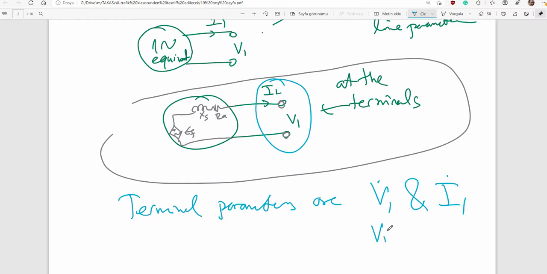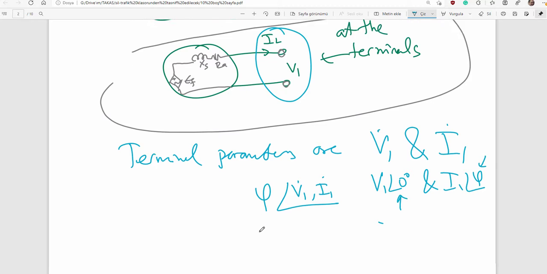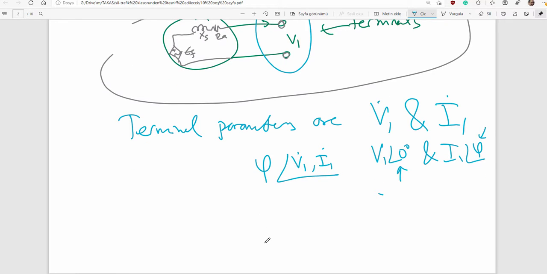If you choose this guy reference, that guy will have such a phase angle with respect to reference, which is voltage. Phi is the angle from voltage phasor to current phasor, you know, because we always choose voltage as a reference.